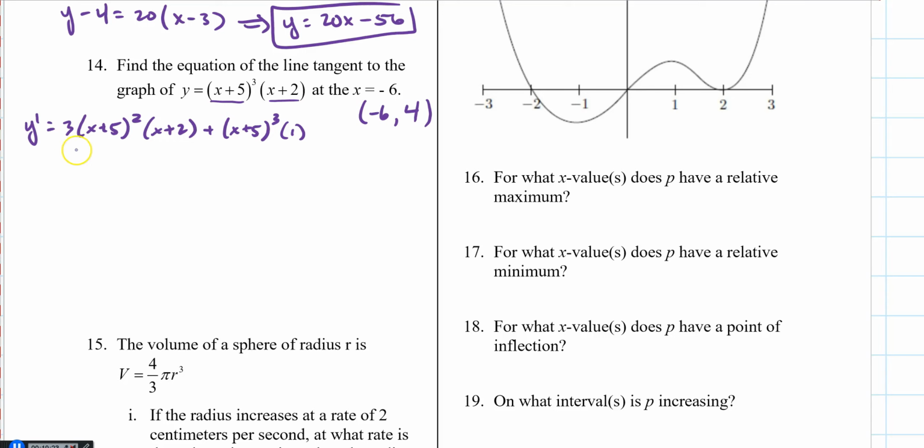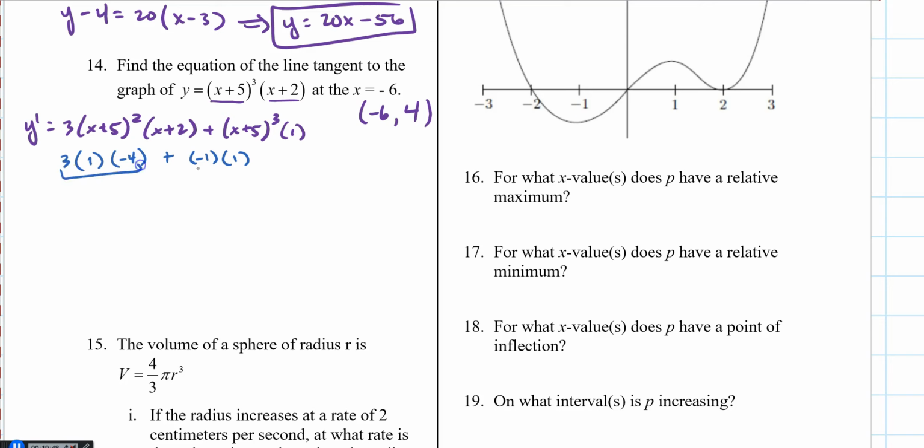And I'm going to plug in a negative 6, so it's 3 times negative 6 plus 5 is negative 1. I square that, I get 1. And negative 6 plus 2 is negative 4. Plus negative 6 plus 5 is negative 1 cubed, which is negative 1 times the other one.